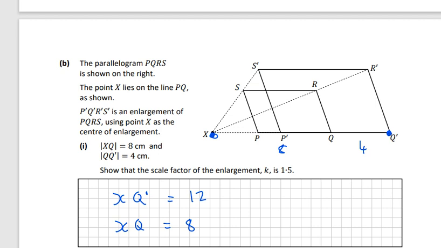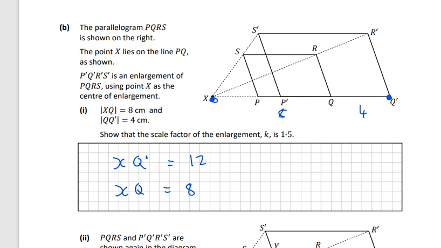So the distance from X to Q dash is 1.5 times X to Q: you go 8, then multiply that by 1.5 to get to Q dash, so it's 12. Therefore, if we just do 12 divided by 8, it shows us the scale factor, so that's 1.5.